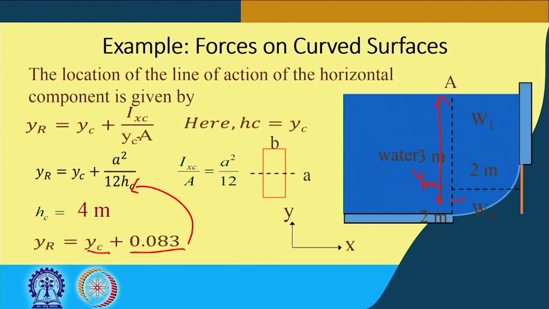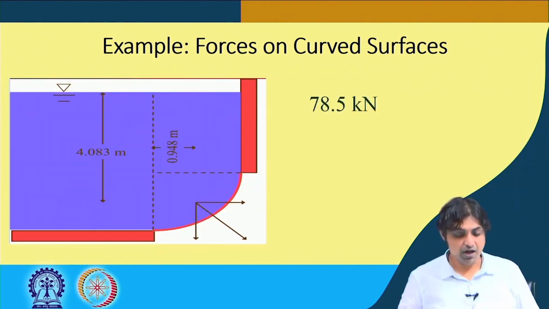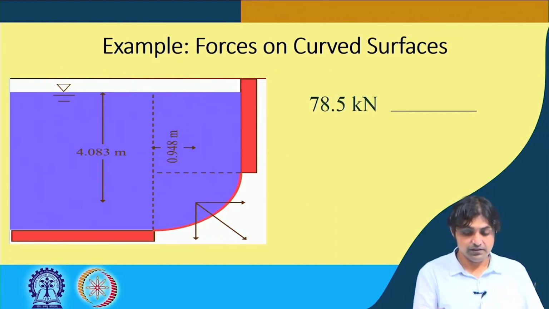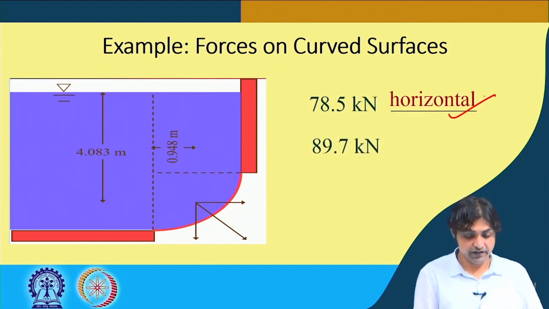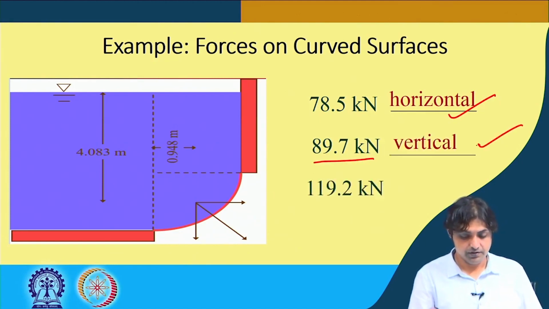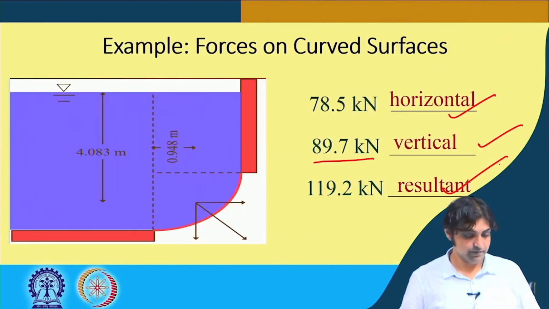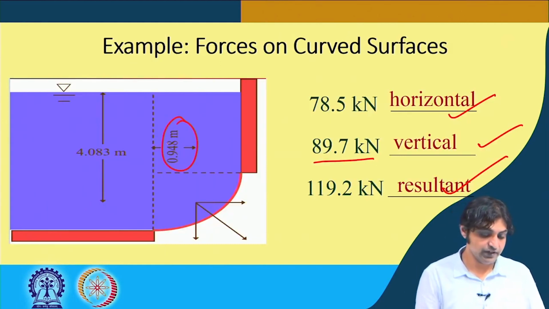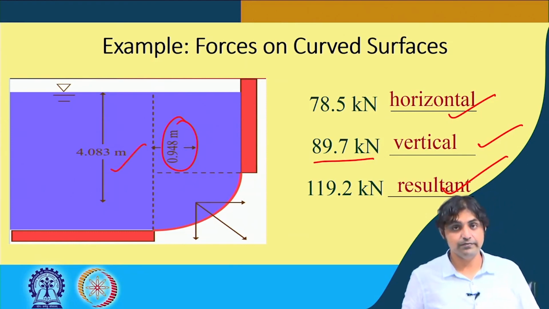Now to sum up, this is the horizontal force 78.5, this is 89.7 the vertical force, and 119.2 is the resultant force, and the distances are shown, 0.948 meter that we have calculated, 4.083 meter also we had calculated. So this solves our problem of forces on curved surface.